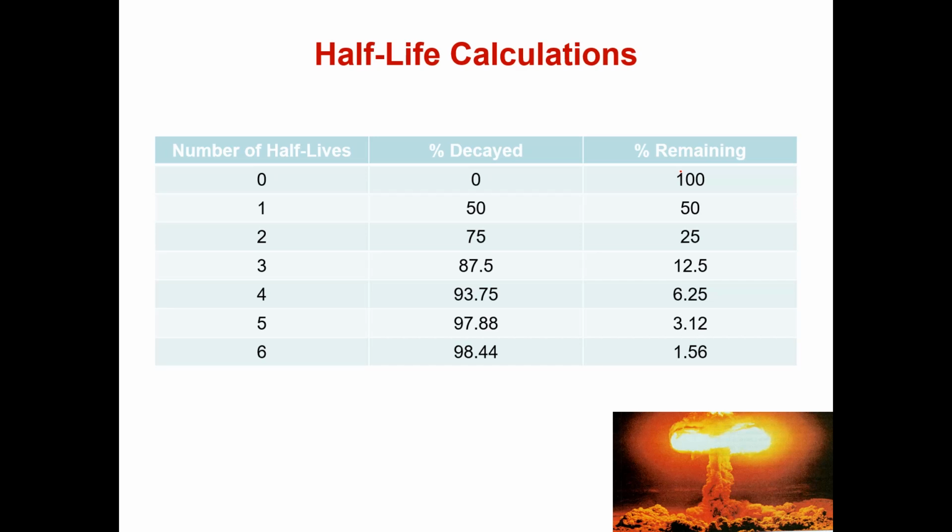After one half-life, only half of it remains, so 50%. After 2 half-lives, only half of what we had after the first half-life remains. So 50 divided in half is 25%. After 3 half-lives, we would have 12.5%. After 4 half-lives, 6.25%. And we can keep going from there.